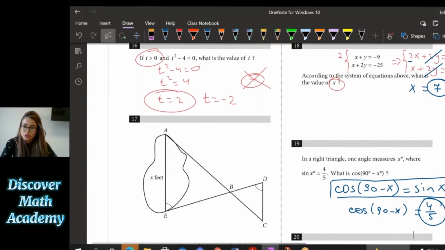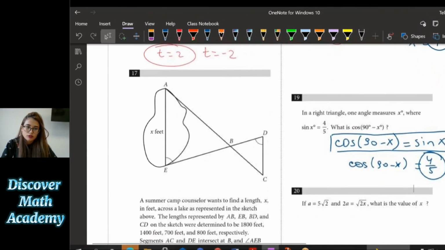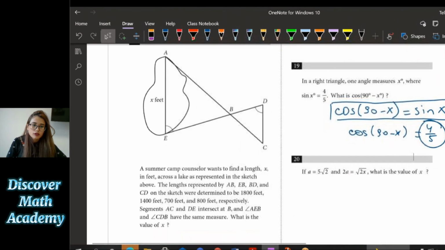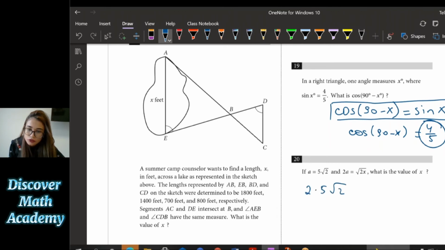Last 2 questions. Okay. Let's do this one. a is equal to 5 square root of 2, 2a is square root of 2x. What's x? Okay. a is 5 square root of 2. I need 2a. 2a is 10 square root of 2, and it is equal to square root of 2x.